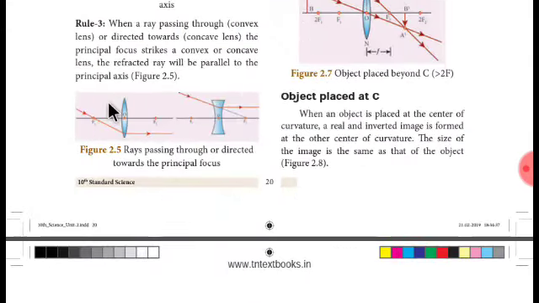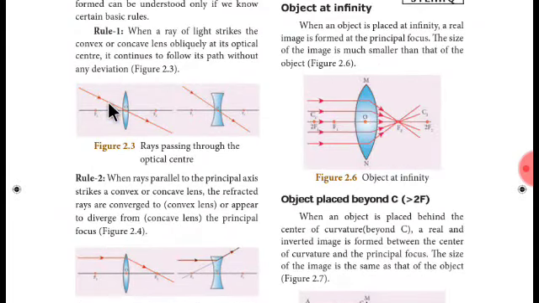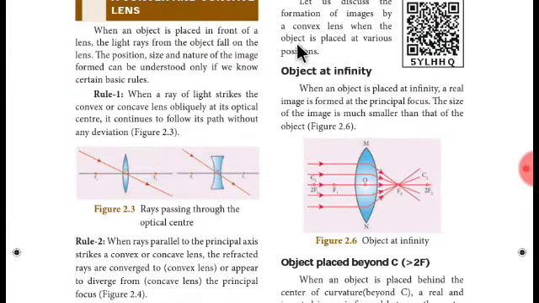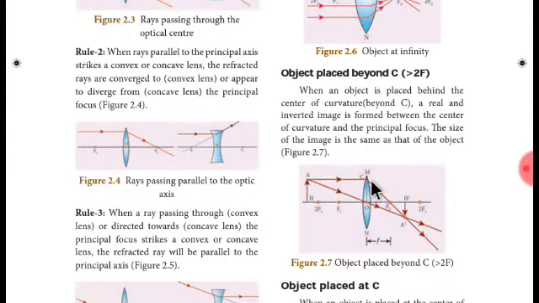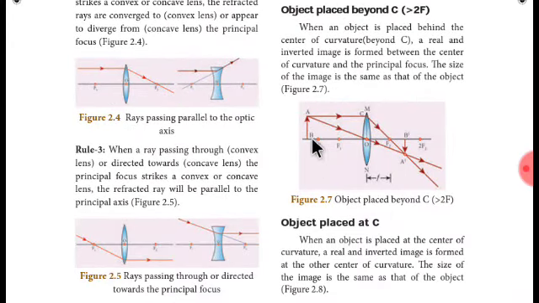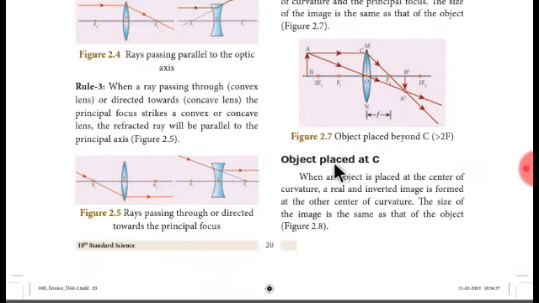The session is over, but we need to recap once, right? Recapping helps you learn more and more, and it stays in your memory. First one: object kept at infinity, image formed at focus. Second one: object kept behind center of curvature, image formed between focus and center of curvature.